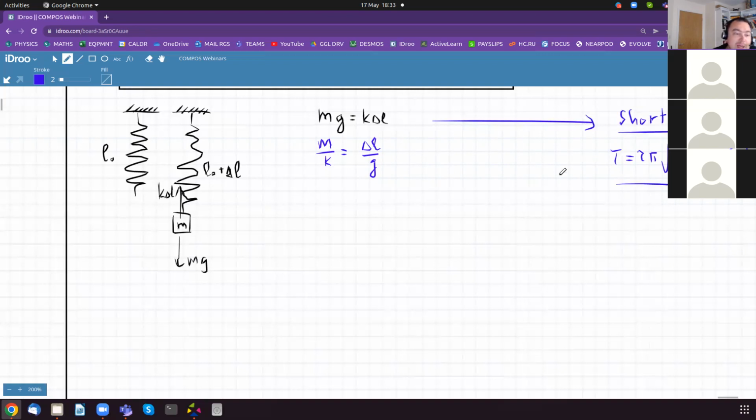the short solution. I do want to show you how to do it properly, because it's not always that you're given a single mass on a spring or even a single spring. So what are we interested in? We assume that we move the spring even further down.